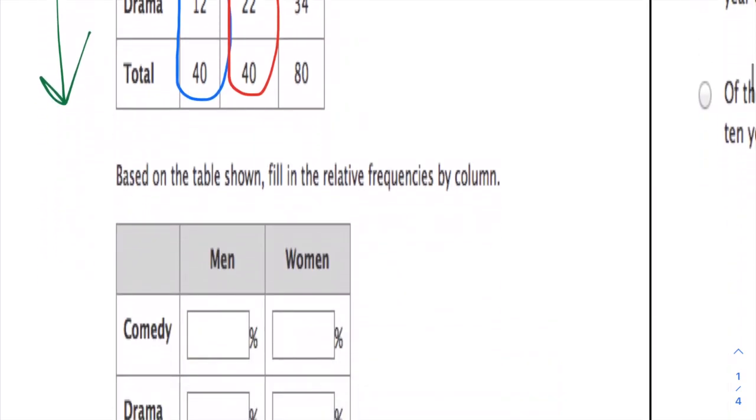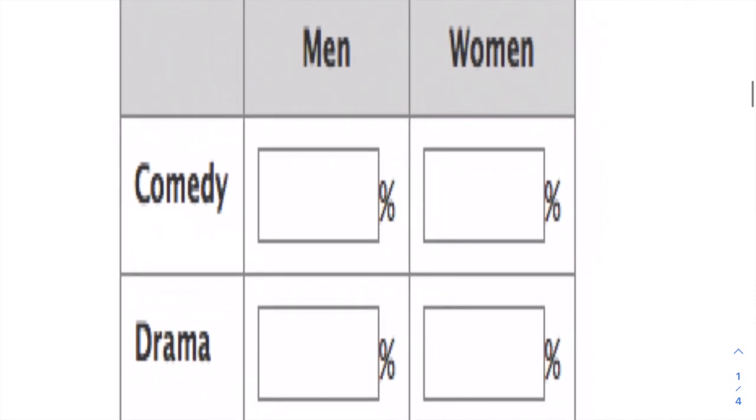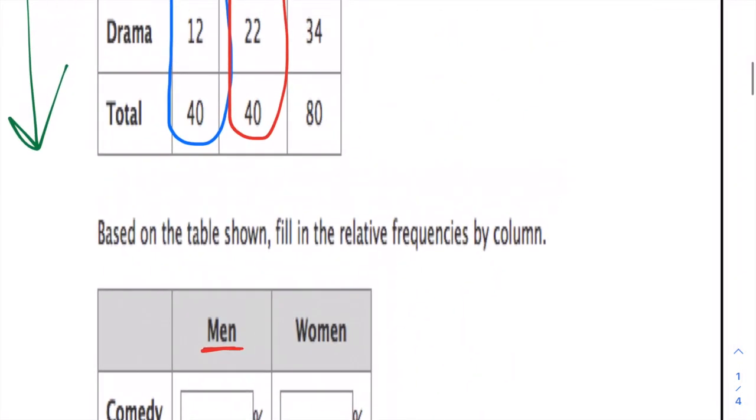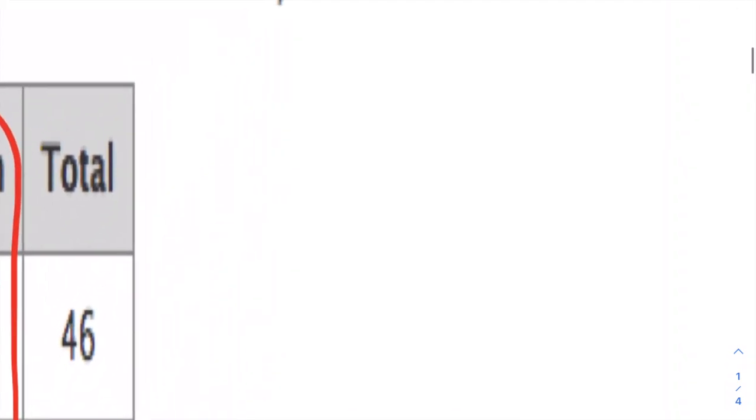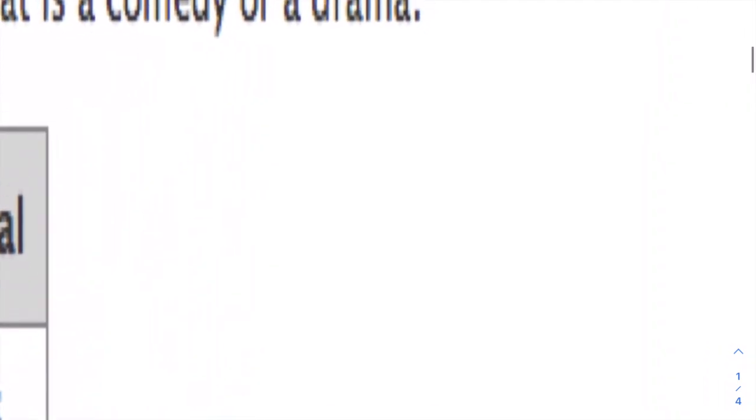We're going to do the work in two separate places, and we're going to figure out all these frequencies. We'll start off with the men. What percentage of men who were surveyed like comedies, and what percent of men who were asked like drama? So let's take a look at those.